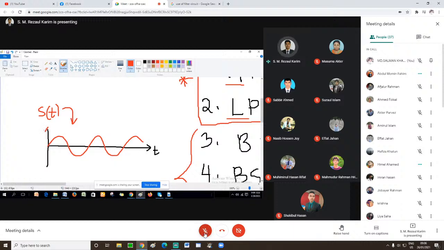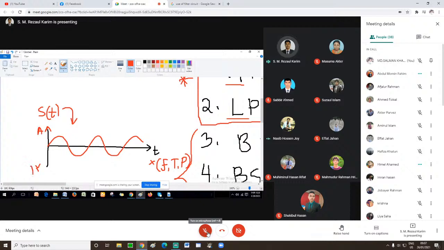Here is the amplitude level, and here is the time, right? X-axis and y-axis, you understand? So in the x-axis, what are the parameters of this signal? There is the frequency parameter, then time period, then phase.